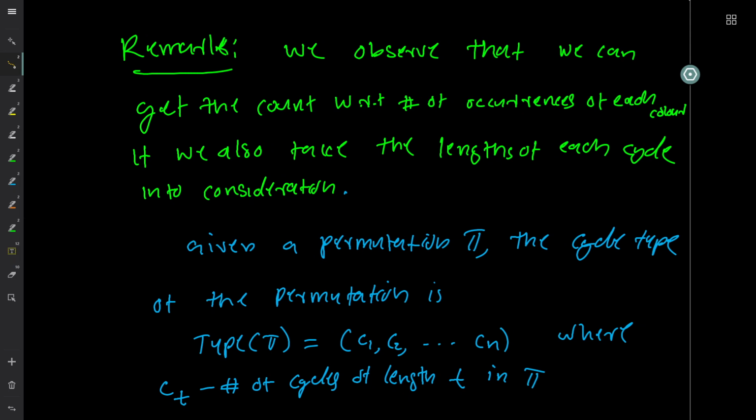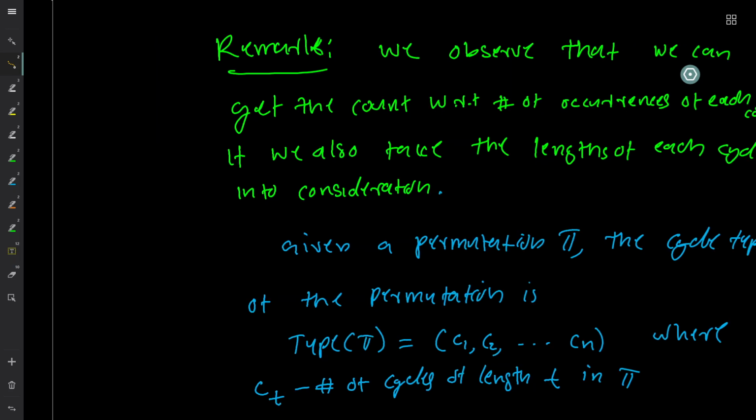Now, here is a remark. If you want to get the number of colorings with some additional information, for example, we want to count with respect to the number of occurrences of each color, I want to count the number of G-inequivalent colorings where the red color appears 3 times, blue appears 5 times, and green appears 7 times, etc. I can do that also.